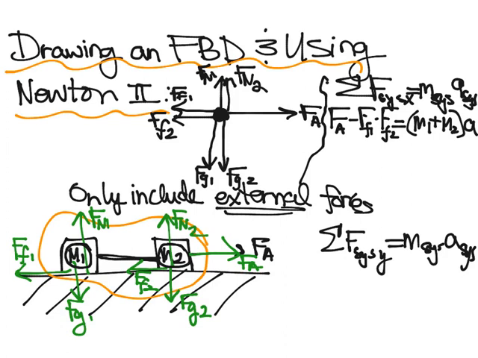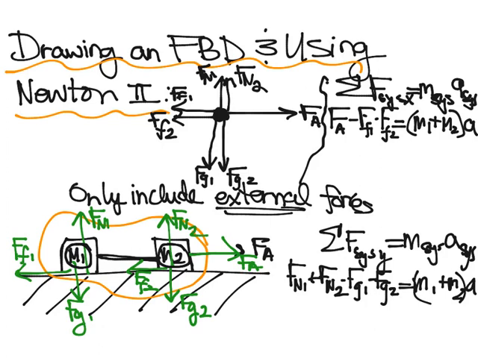Okay, what that means is that up and down I have FN1 plus FN2 minus FG1 minus FG2 equals M1 plus M2 combined times A. Okay, and if I had numbers, I could fill in things for FNs and FFs, but I'm not going to do that for right now.